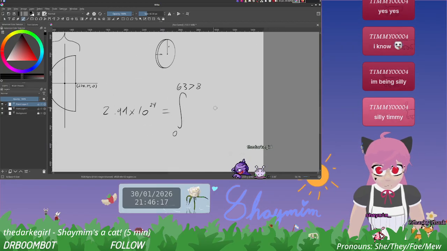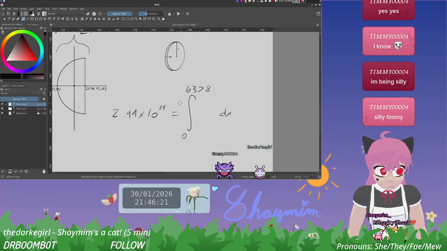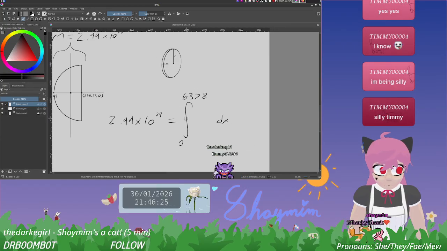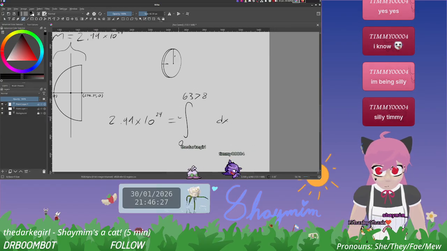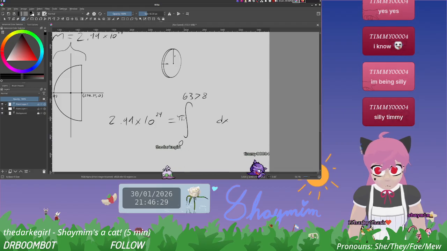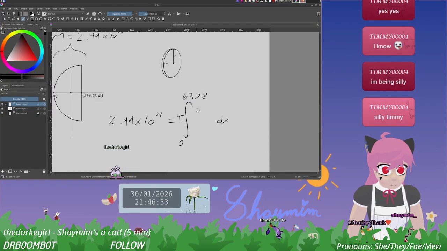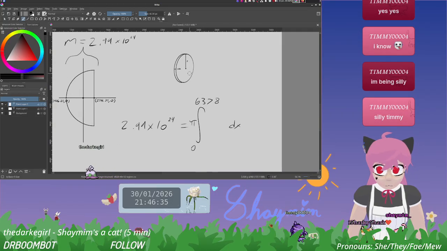And delta x here is the width, so we can put d with respect to x. Pi can come out to the front because it's a constant. Then r.